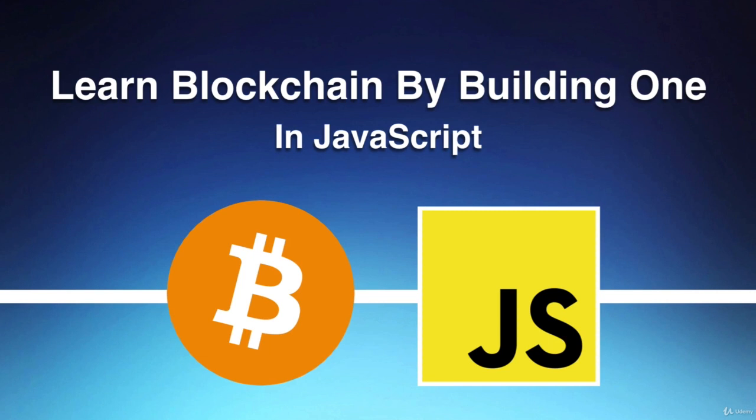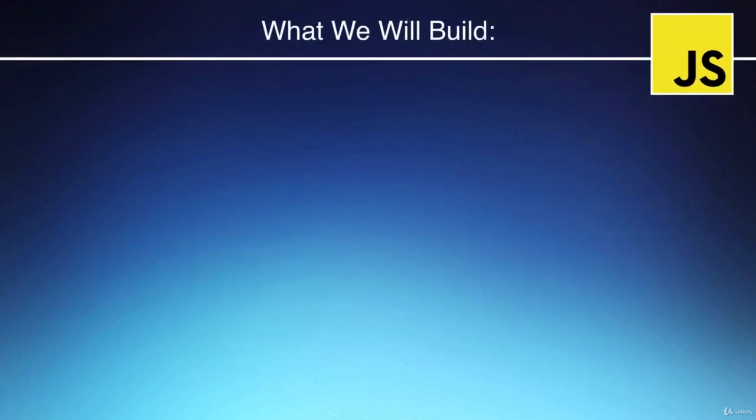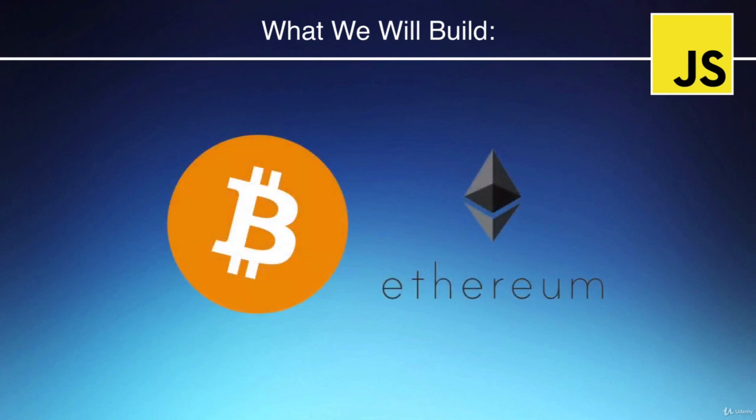In this course, we will build a complete, fully functional blockchain from scratch using the JavaScript programming language. We are going to be building out a blockchain that has all the same functionality that you would find on a production-level blockchain in real life, like Bitcoin or Ethereum.